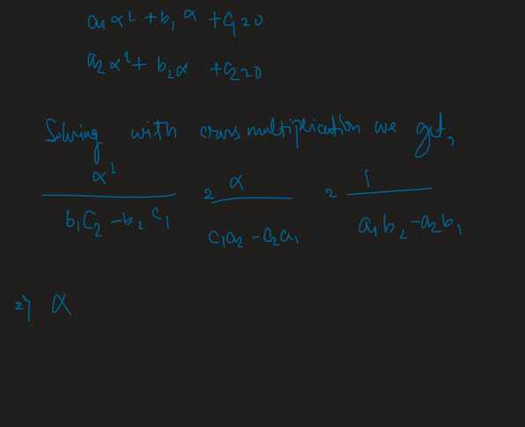Therefore, this implies that alpha square is equals to b1 c2 minus b2 c1 divided by a1 b2 minus a2 b1 and alpha is equals to c1 a2 minus c2 a1 divided by a1 b2 minus a2 b1.